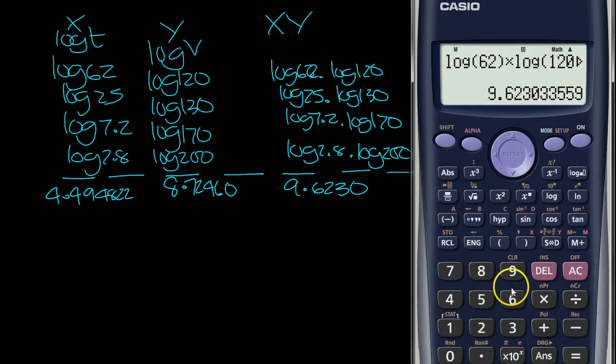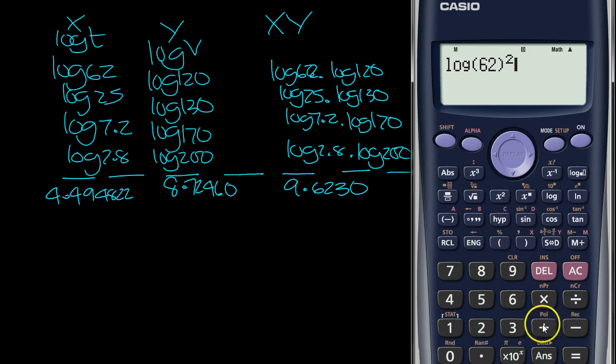So we've got log 62 squared plus log 25 squared plus log 7.2 squared plus log 2.8 squared, and we get 6.10187.